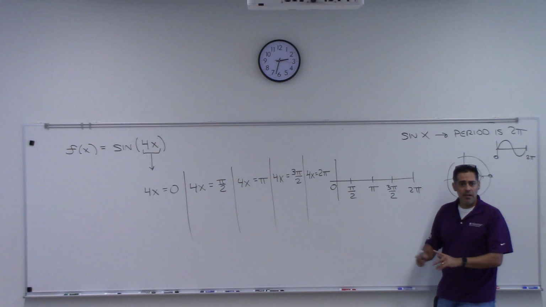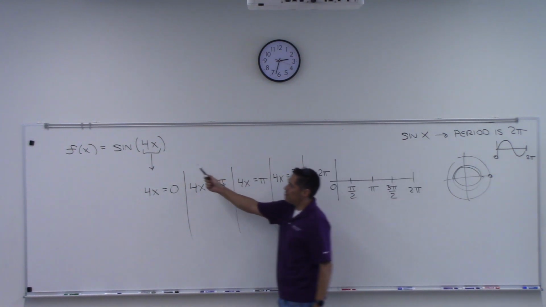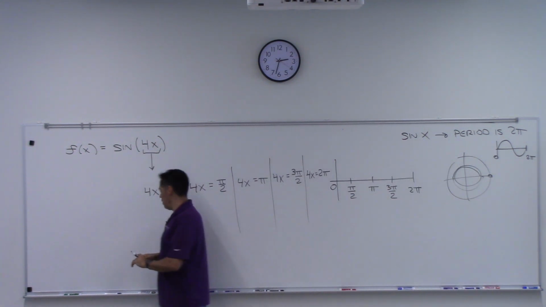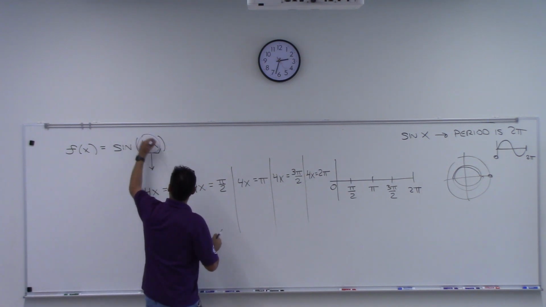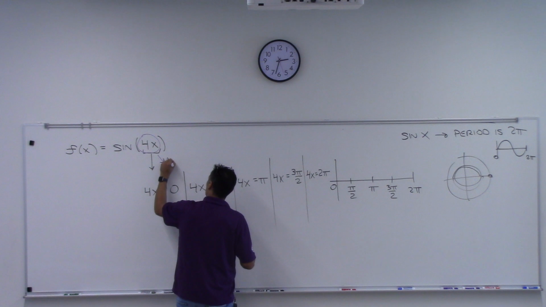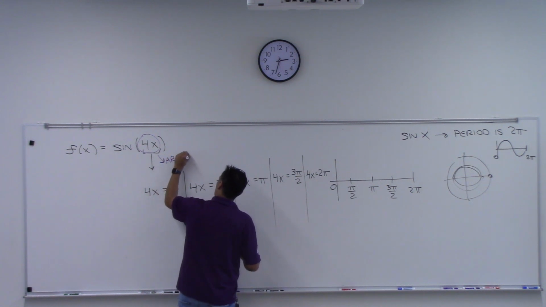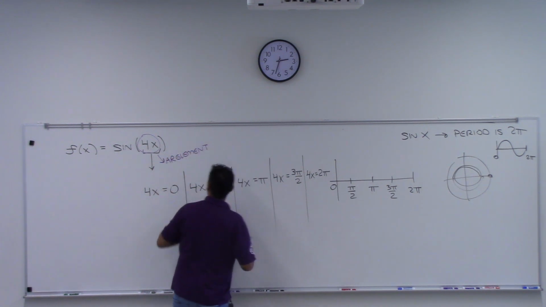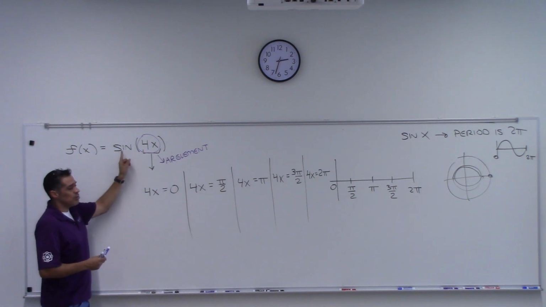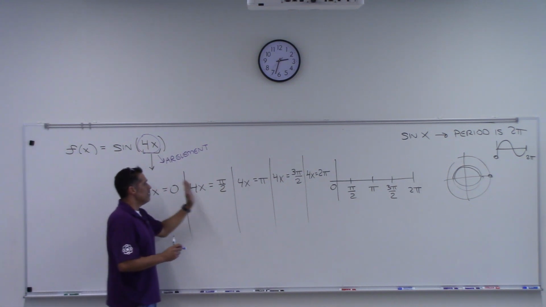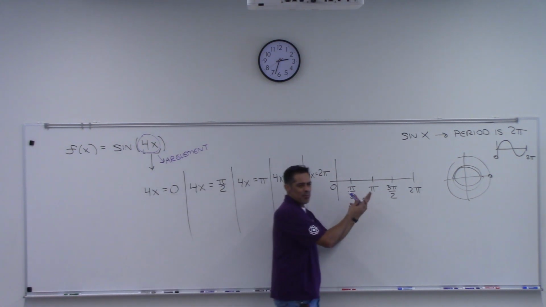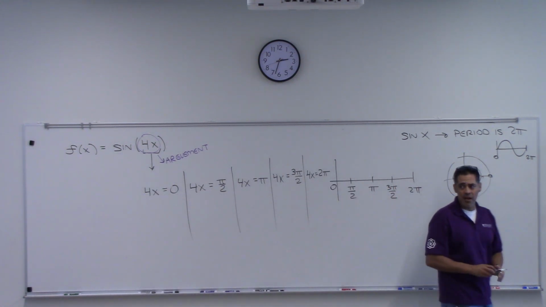You understand what I've done here? I've taken the thing inside this sine function. This thing inside actually has a name. This is called the argument of the function. I'm taking the argument of that trig function sine, and I'm setting it equal to the 5 critical numbers that I use whenever I graph sine functions.